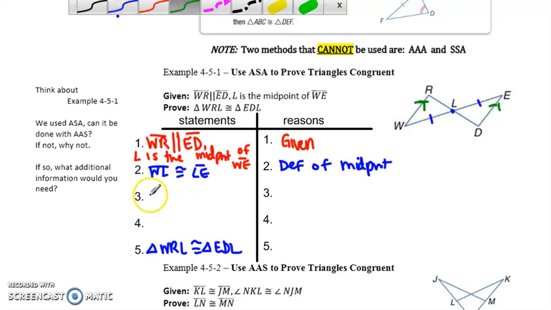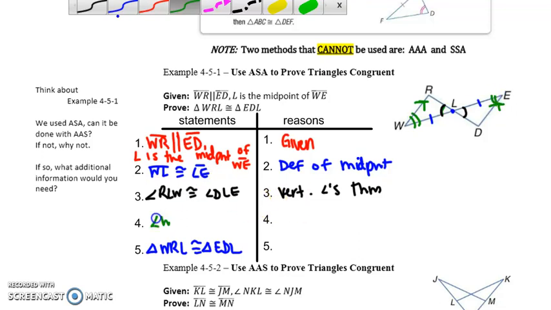All right, then from there, if those are congruent, then in our picture here, these are vertical angles. So we can go ahead and mark that and say that angle RLW is congruent to angle DLE by vertical angles theorem. And then where we can go from there is if we have parallel lines, we can go ahead and mark our alternate interior angles.